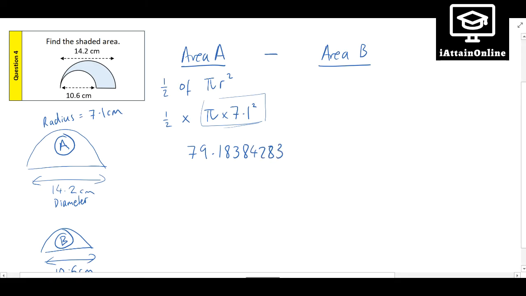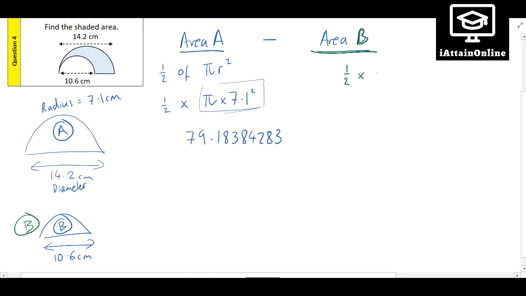Now we're going to do this one, which I should have color coded. Area B. So this is the same idea. We're doing half of pi r squared, but this time the radius for this one is going to be 5.3 centimeters.